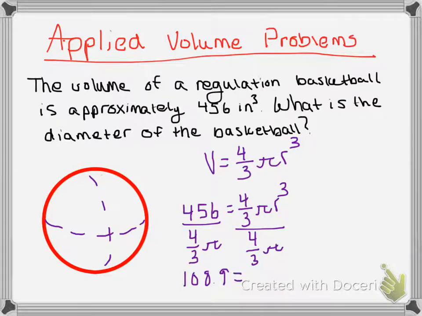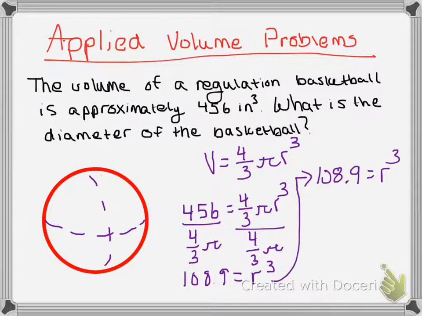So 108.9 equals r cubed. Okay, so I'm going to move up here so that we have a little bit more room. So 108.9 equals r cubed. Now here's something different. You have probably not had to do r cubed before and having to get rid of it. Now, the easiest way to do this is a button on your calculator.